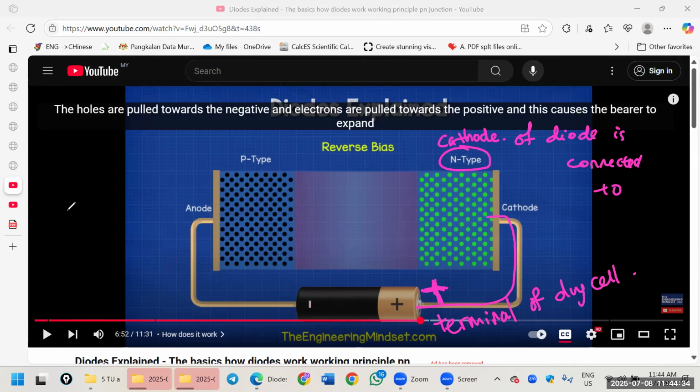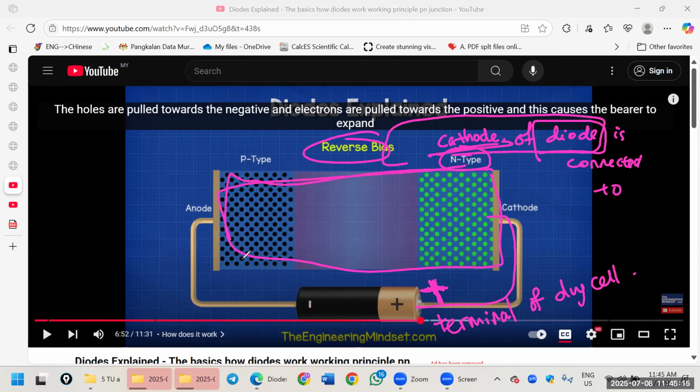Repeat. Reverse bias, how is the connection? Positive terminal connects to the cathode of the diode.